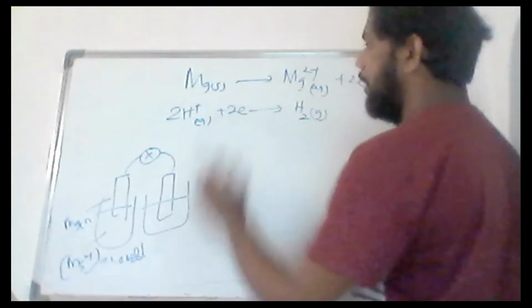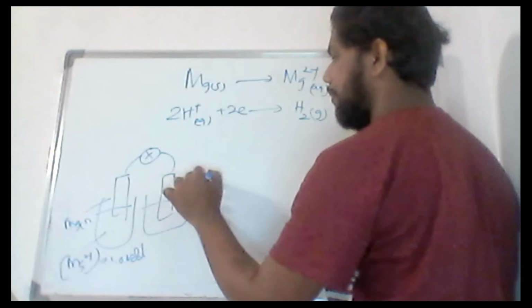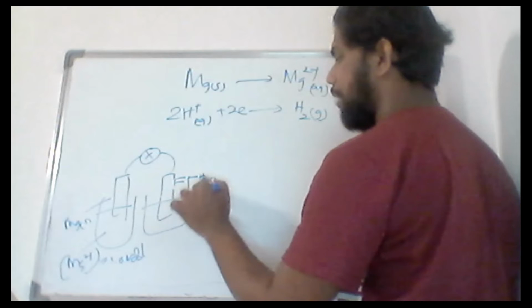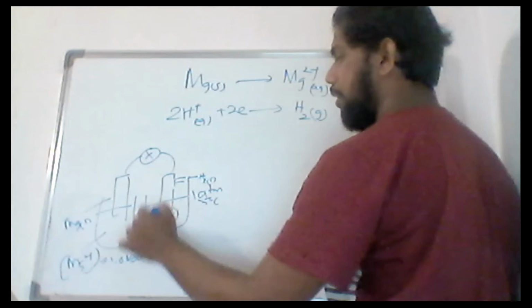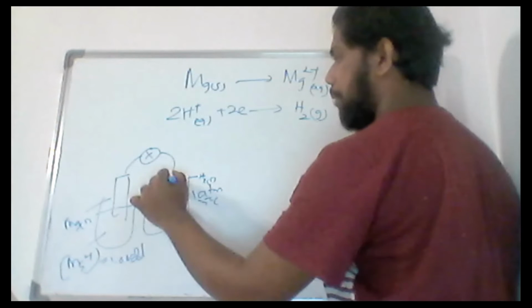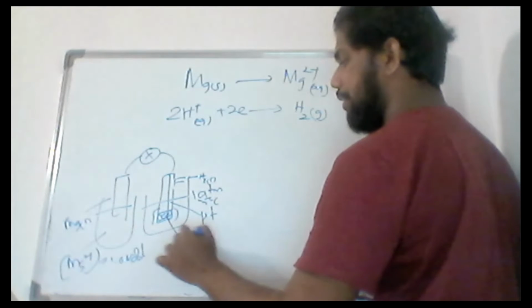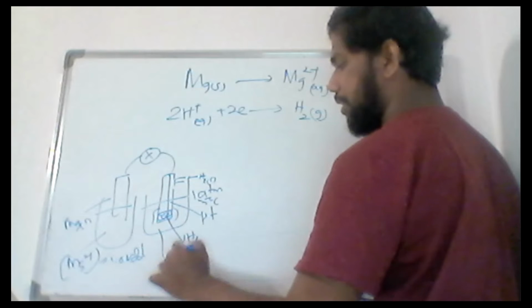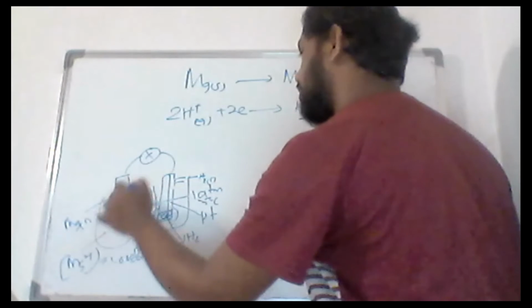And here the other one is the hydrogen electrode. So there will be hydrogen gas pumping at 1 atm pressure, 25 degrees Celsius both. And there will be a platinum wire here coated with hydrogen, and there will be an H plus aqueous solution. So this is the cell, and now we have a salt bridge like this.